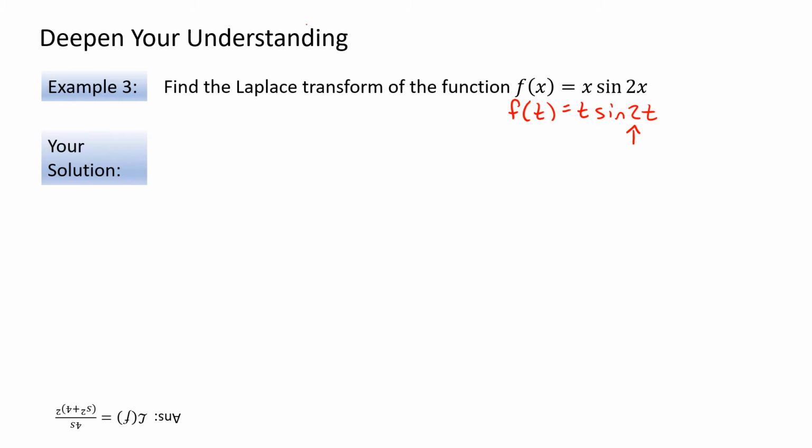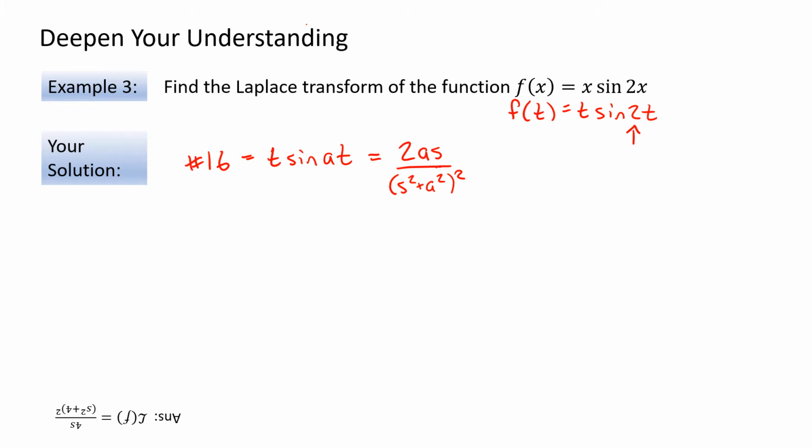So looking at this, we can look at number 16, which is t sine of a times t, and the Laplace transform is equal to 2 times a times s divided by s squared plus a squared, all squared.